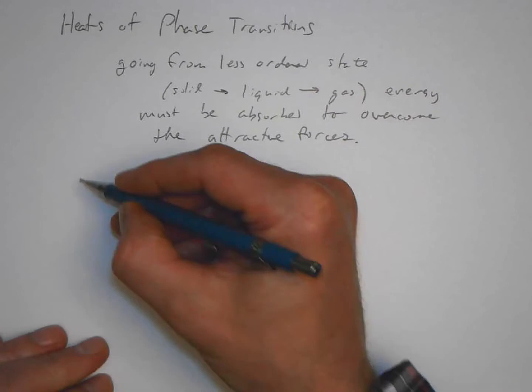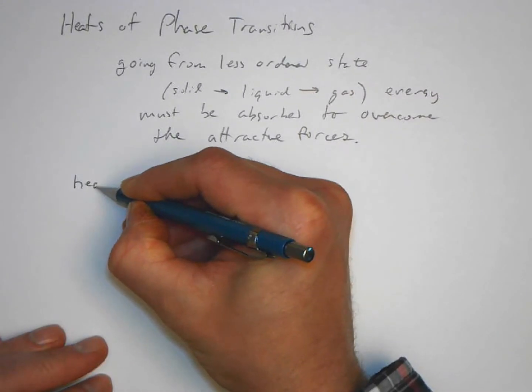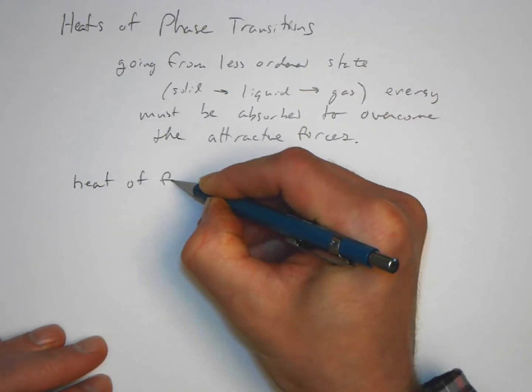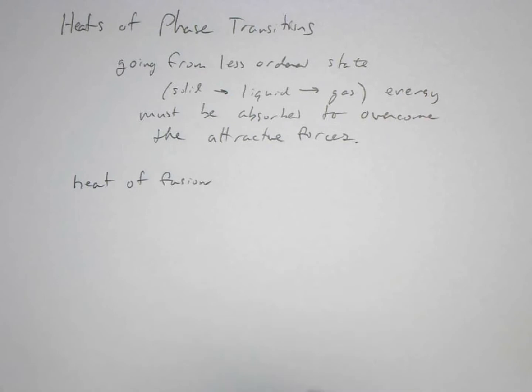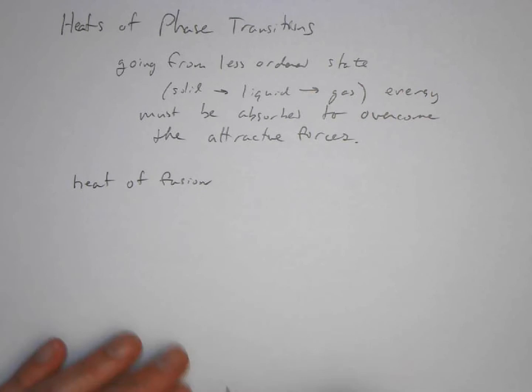Let's look at some of these heats. The heat of fusion is the energy required to bring a transition from the solid to the liquid state at the melting point.